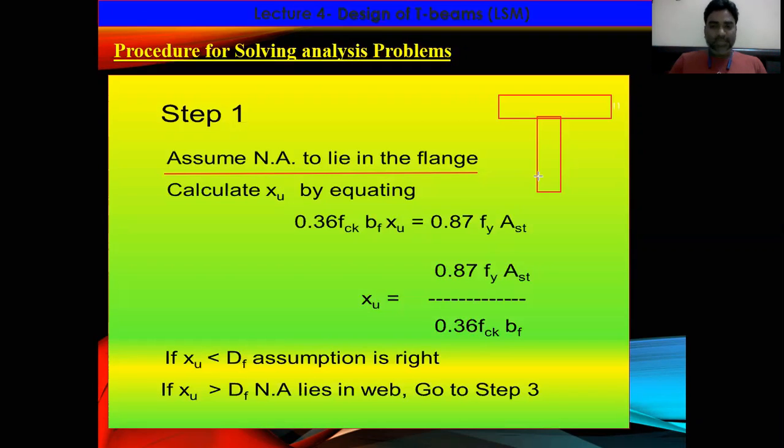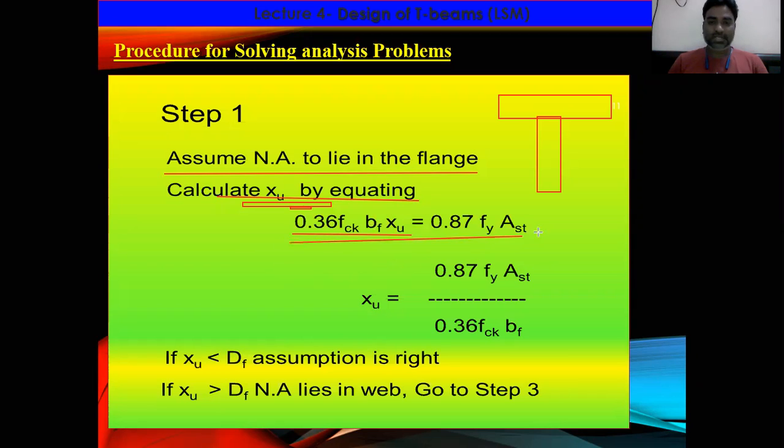For simplicity, I'm assuming here the depth of neutral axis is within the flange, right? So if the depth of neutral axis is within the flange, to determine the depth of neutral axis, you need to equate the compression force equal to tension force. That means compression force 0.36 FCK BF XU equal to 0.87 FY into AST, right?